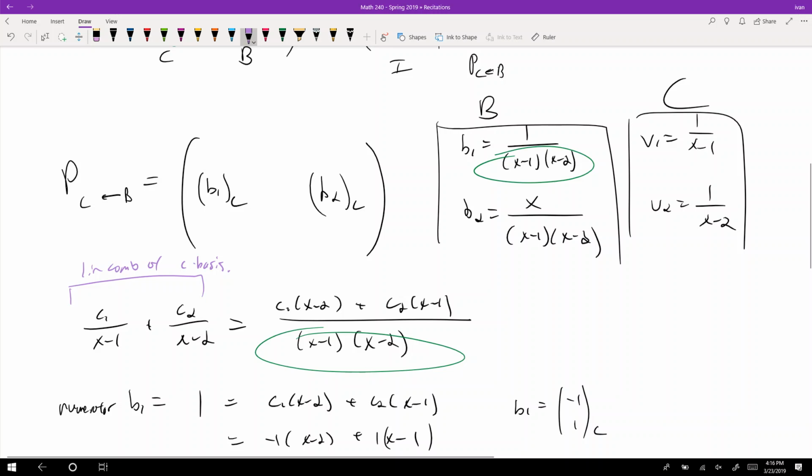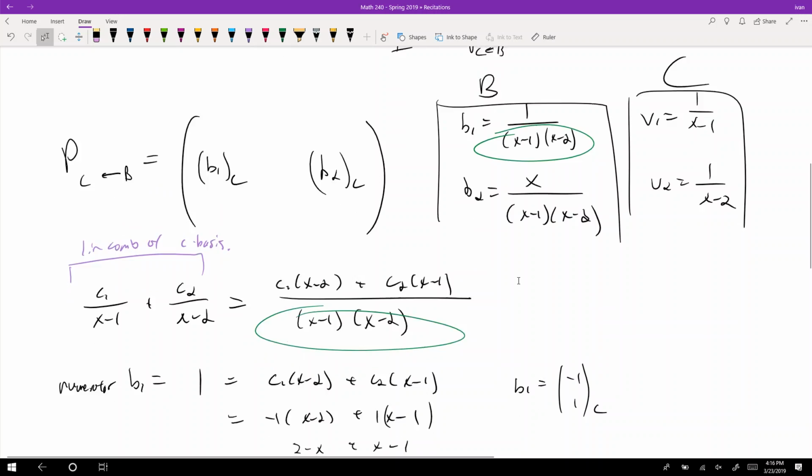Okay, what's the next part? The next part is using the fact from part B, now compute these integrals.